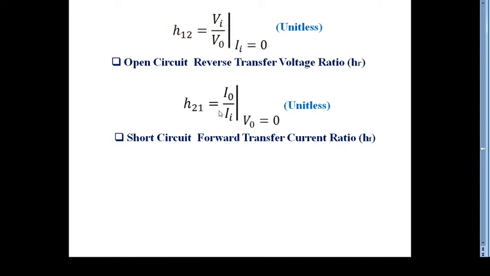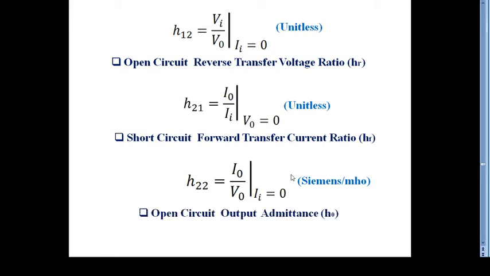So these are the three parameters. The last parameter is H22. So H22 also we can find as I naught by V naught, keeping Vi 0, and the unit is mho. Okay, current by voltage, so mho or Siemens we can write, and this one is our open circuit output admittance.